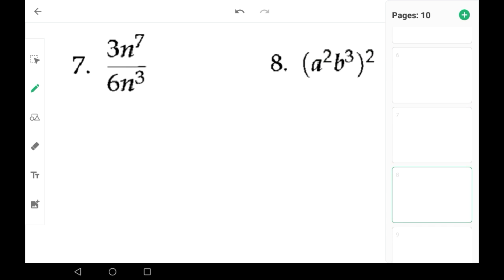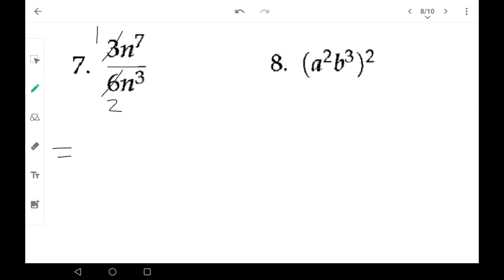That says number 7 and number 8. So for number 7, I must divide the 3 divided by the 6, so I can simplify this here 1, and this here will be 2. So I can say that this is equal to 1/2, right? And then with the n's, I will have n to the 7 minus 3, right?